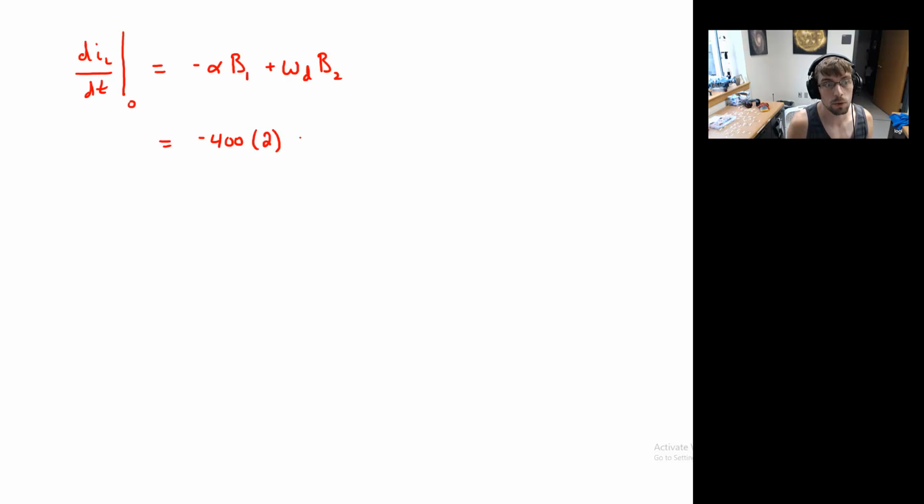B1 is 2. Omega d is 300. We have B2. And what we're left to find is what the initial changing current through the inductor is. But we already have that, right? At the initial condition, we know that the potential drop across the inductor better be equal to the potential drop across the capacitor. So I could write this.